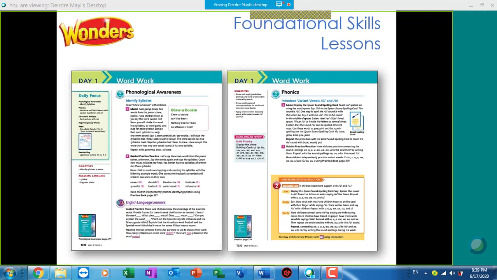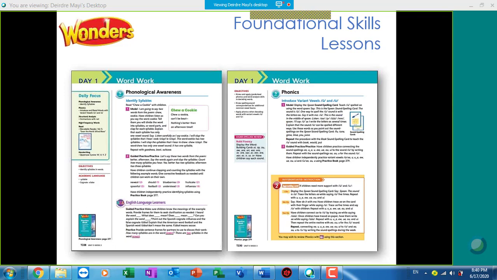So we're going to introduce the variant vowels using sound spelling cards that have the sounds on them that we're going to be focusing upon. And of course, again, students are going to go through guided practice as well as practice with these variant vowels. Again, you're going to find the practice in your practice book.